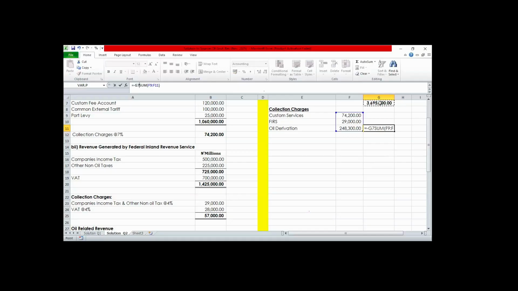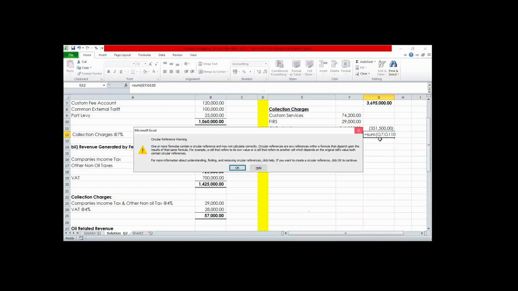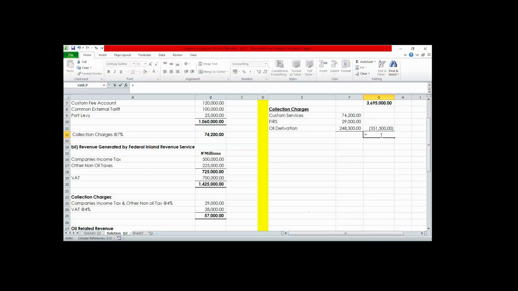This will be deducted from the figure here. Okay, this is the distributable revenue.